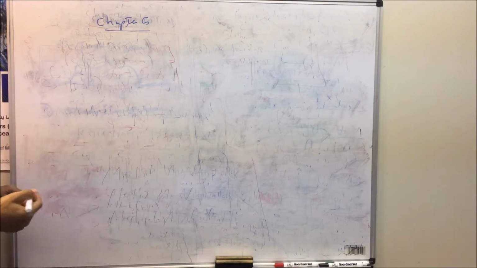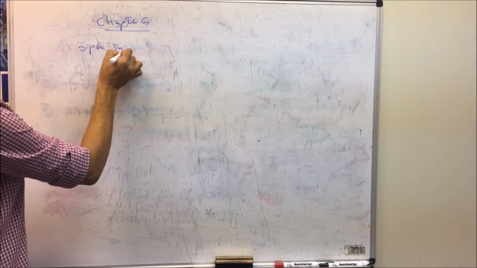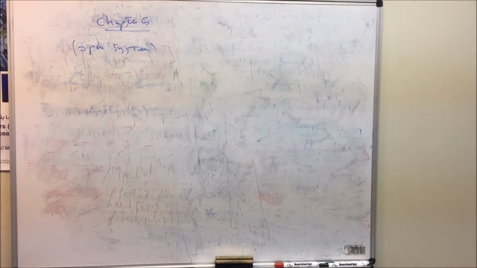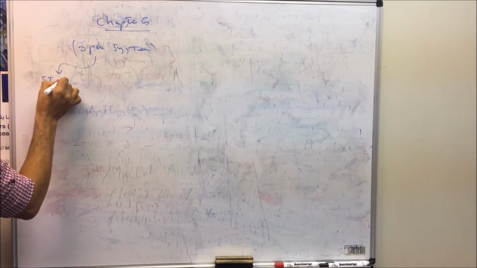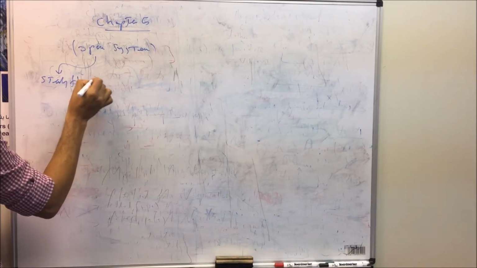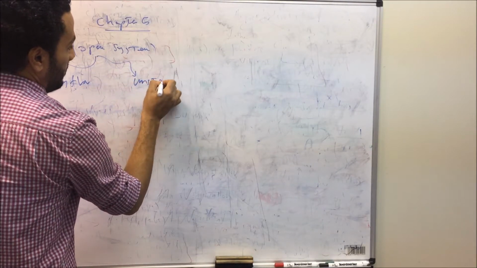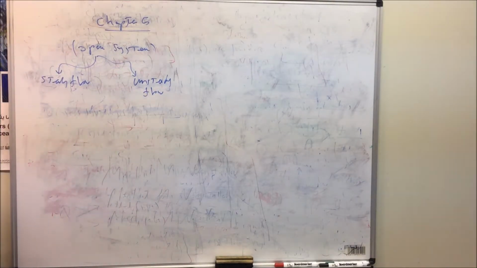Revision in chapter 5, which is related mainly to the application of the first law of thermodynamics for open system. So we do have two cases: open system with steady flow, and the case when we do have unsteady open system flow.